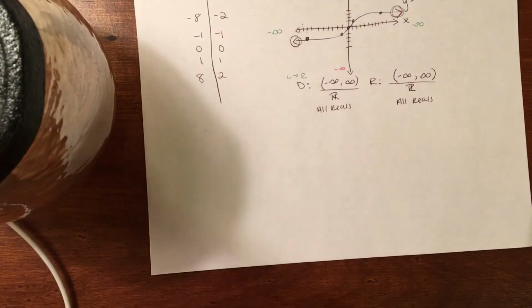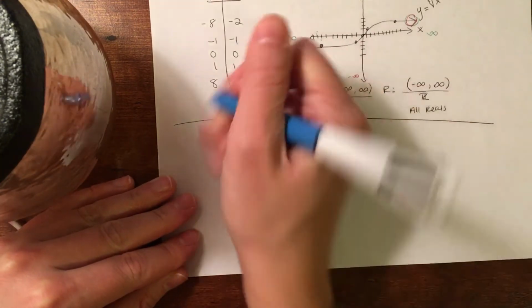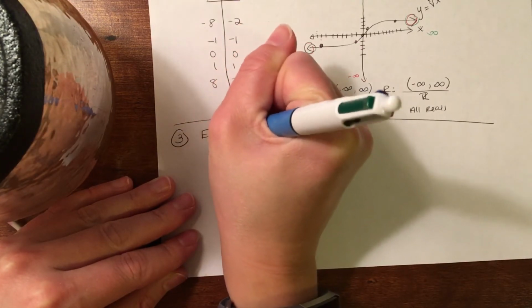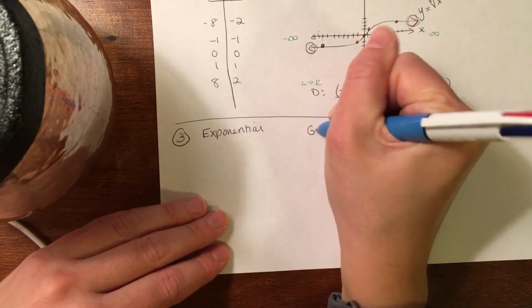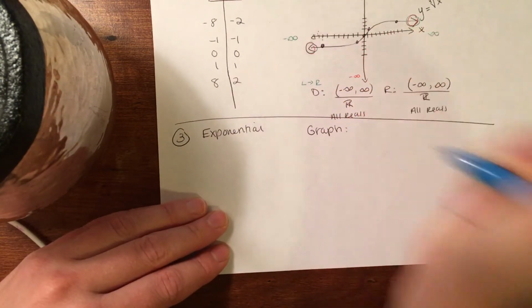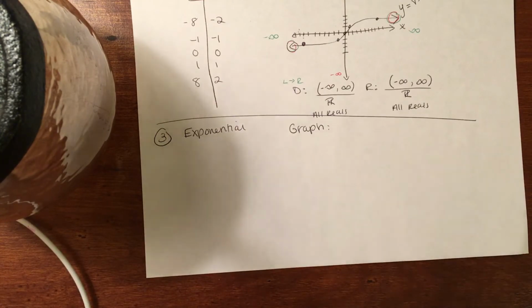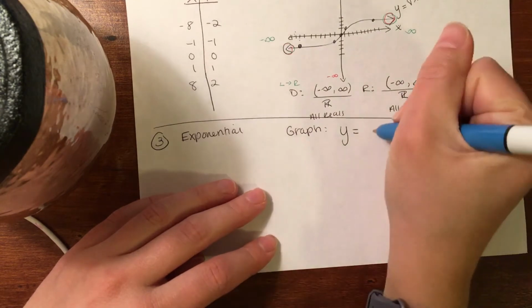Next one is your exponential. So hopefully you can fit that on your last part here. Okay, so you have to graph. I'm going to make this one with a transformation. I'm going to move it left, right, up, down. So y equals, with an exponential, you have a base number.